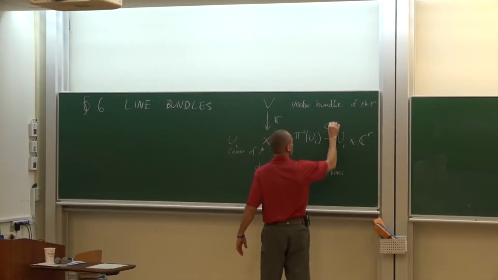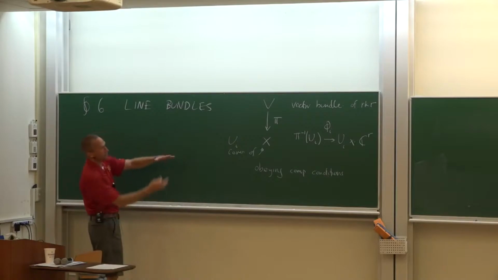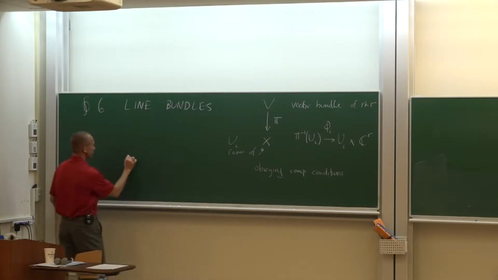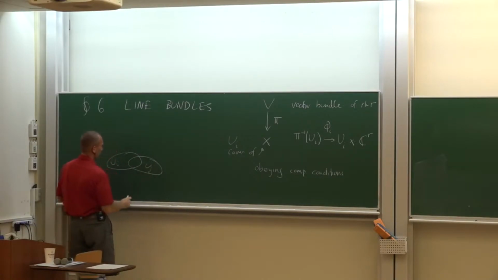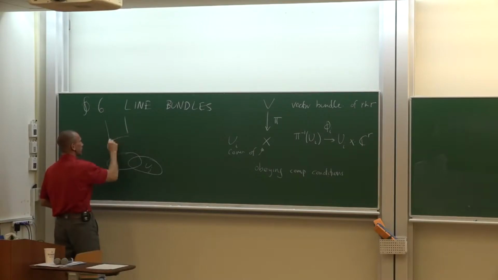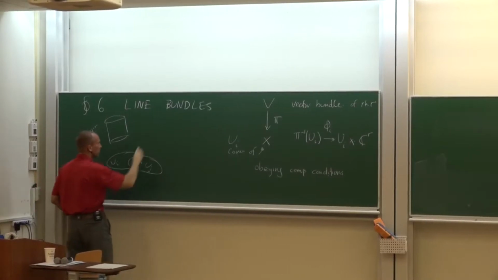So the idea is that if we are on two local charts, the picture's sort of downstairs, here's U_i, and then above U_i we have sort of a cylinder. This is U_i cross C^r.